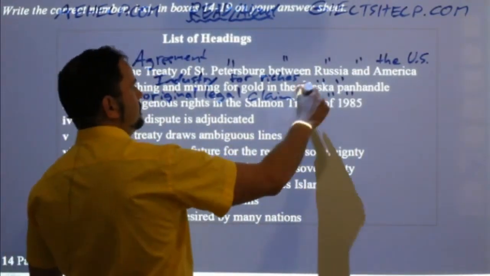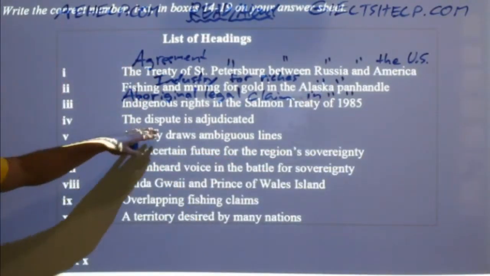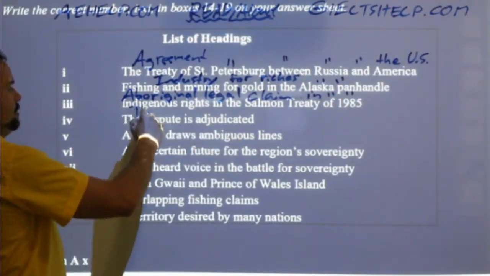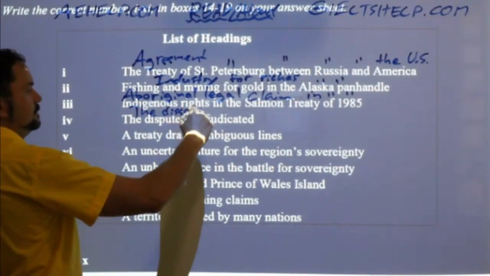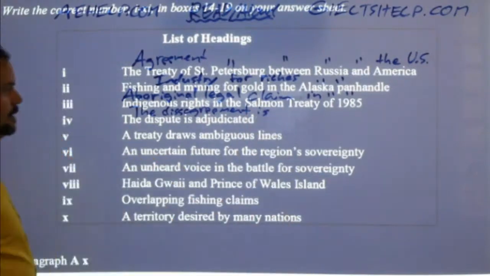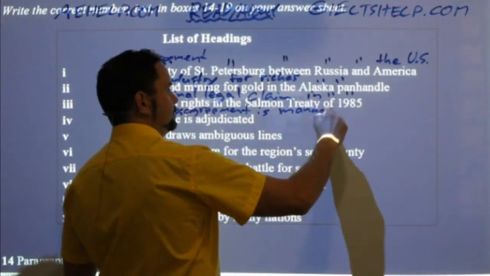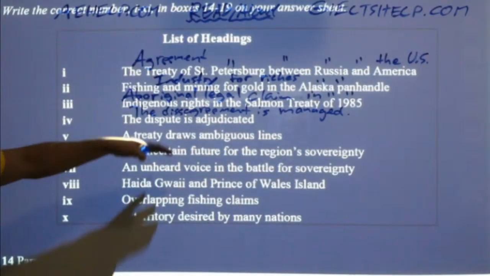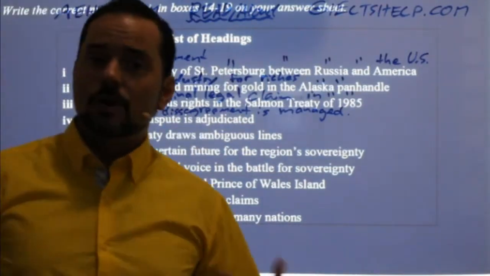Another way: the dispute is adjudicated, the disagreement is managed, let's say. Just like that, you keep going through each of these and you write each of these down, pen and paper at home.